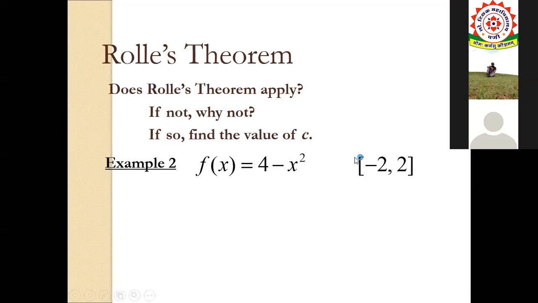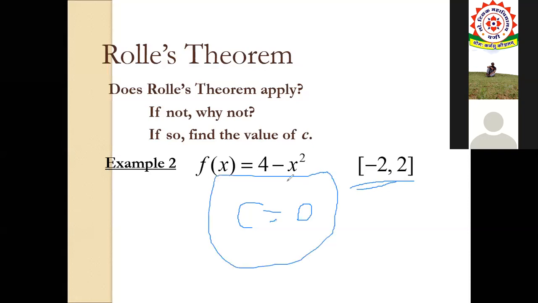So c is 0, and obviously it lies between -2 and 2. Hence Rolle's theorem is verified. The function is continuous and differentiable, so we get a point between -2 and 2 where the derivative of the function is 0.